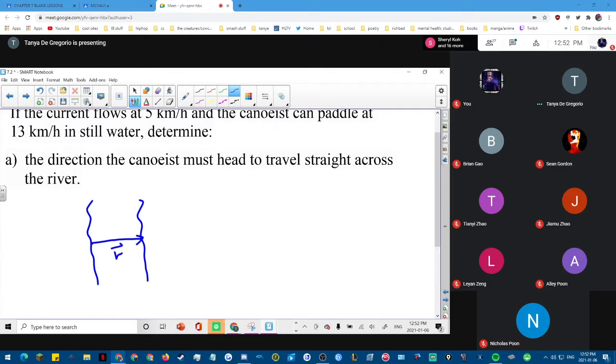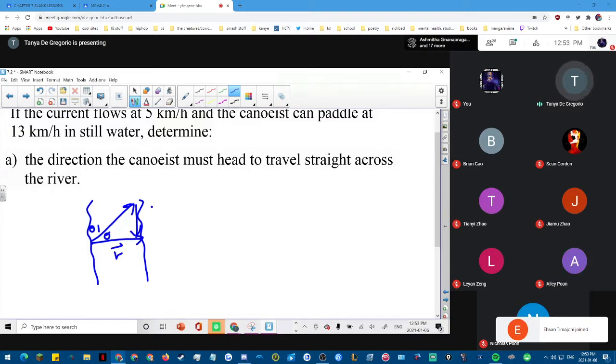Okay. So basically we've got a current that is pushing him down. And so we want to know, well, at what angle should he angle himself? And you can either say the angle with respect to the resultant, or you could give it with respect to the bank.